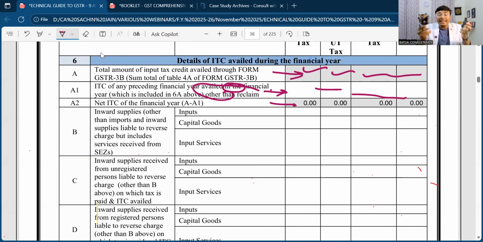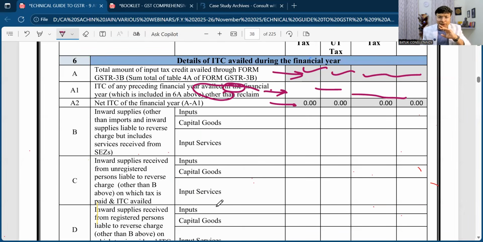We have a specific point where we need to show the reclaim related ITC regarding the non-payment to the creditors within 180 days. So table 6 is as per GSTR 3B. And we just need to compare it with the books of accounts, and any variation we need to show. We will share where we need to show.